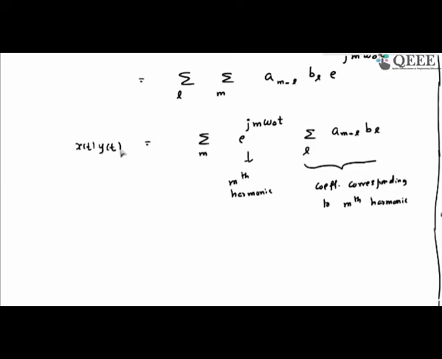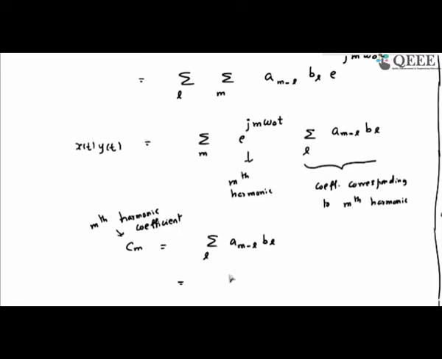So the coefficient corresponding to the mth harmonic is that inner summation over l of a of m minus l, b of l. So Cm, the mth harmonic coefficient, is sigma over l of a of m minus l, b of l.